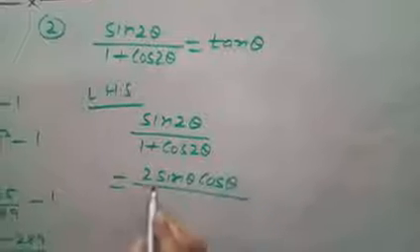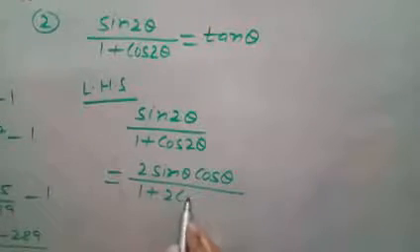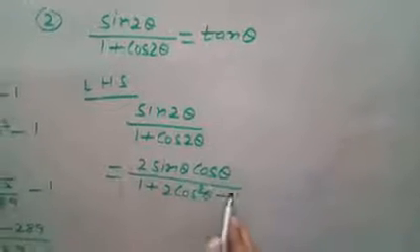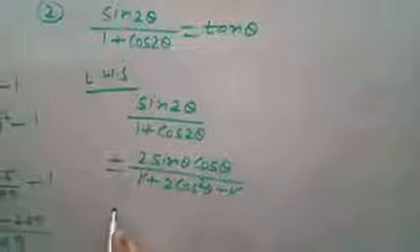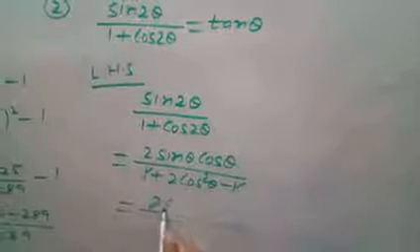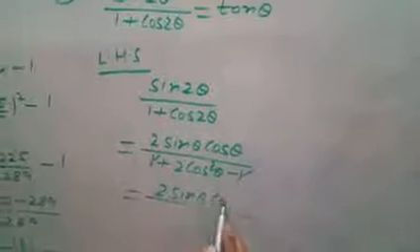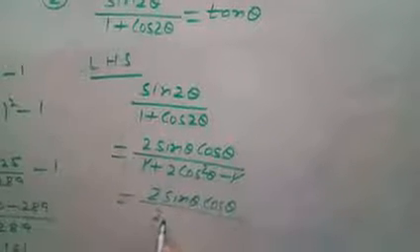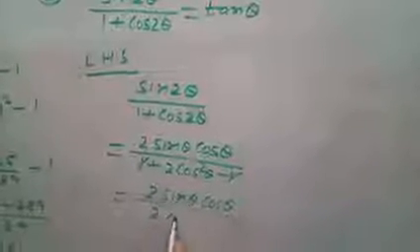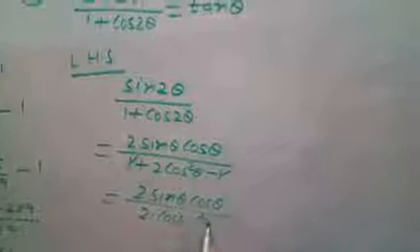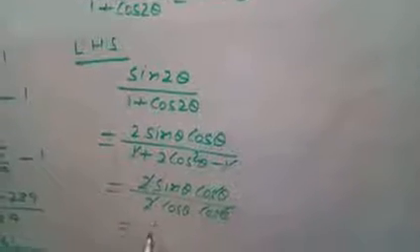I told you the formula, and here 2 cos square theta minus 1. So 1 cancels. Now it becomes 2 sin theta cos theta. Here 2 cos square theta can be written as cos theta into cos theta. So cos theta cancels, 2 cancels. Sin upon cos, tan theta, and this is the right hand side.